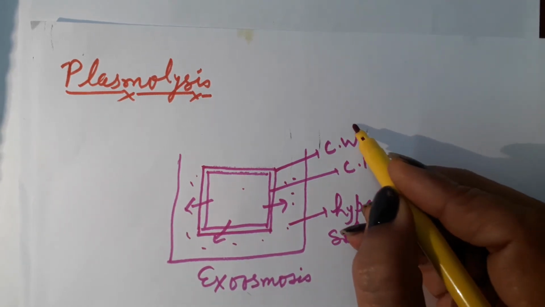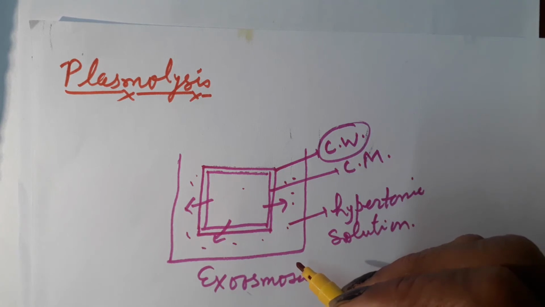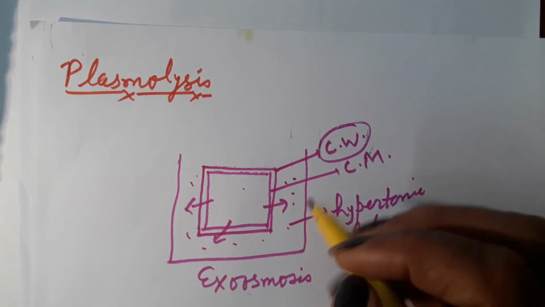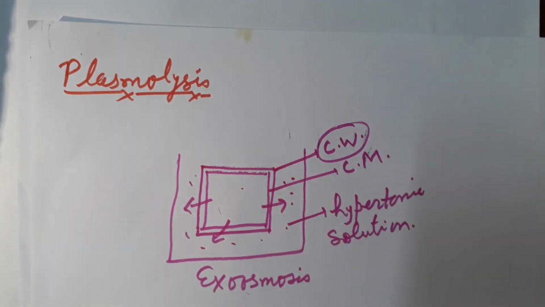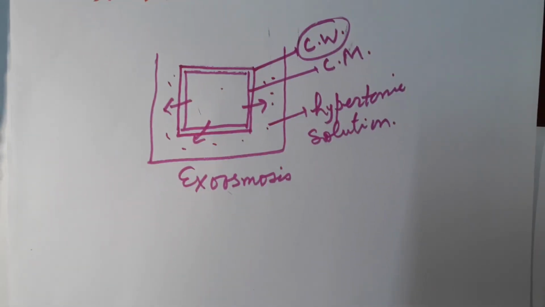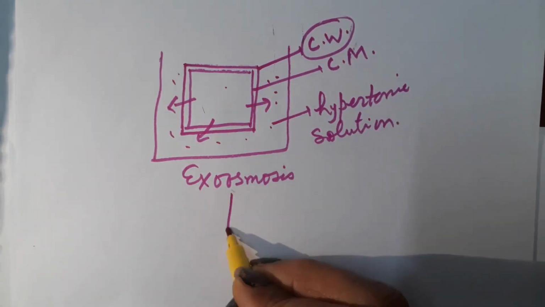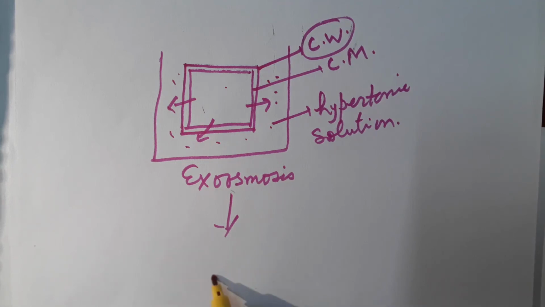The cell wall being rigid, there is no effect on the cell wall, but the content of the cell, that is the protoplasm, starts decreasing, or shrinkage of the protoplasm takes place. If water is coming out of this cell, then what we observe after exosmosis, this is the plant cell which is present in the hypertonic solution.